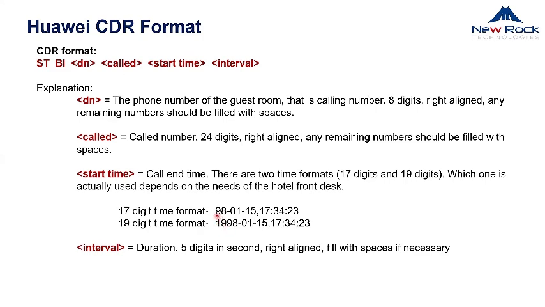This one is only the last two digits of the year, 98, and this one is 1998. So it makes the 17 and 19 digit difference for the time format. And the interval duration is 5 digits in seconds, and these are right aligned. So that's the CDR format definition when we use Huawei.